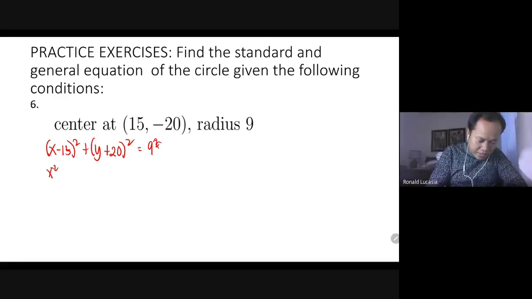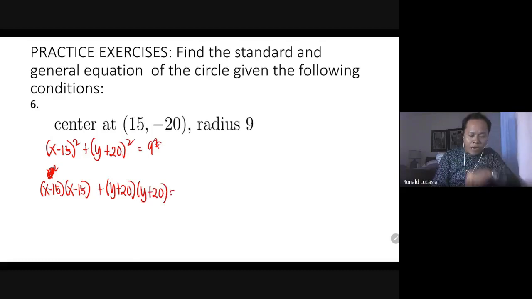Okay. So this will be x minus 15 times x minus 15. Yung kabila, y plus 20 times y plus 20 is equal to 81. So x times x, x squared. X times negative 15, it's negative 15x.